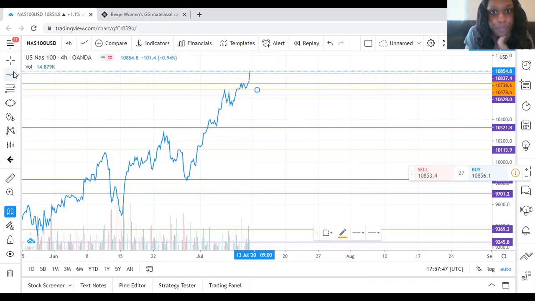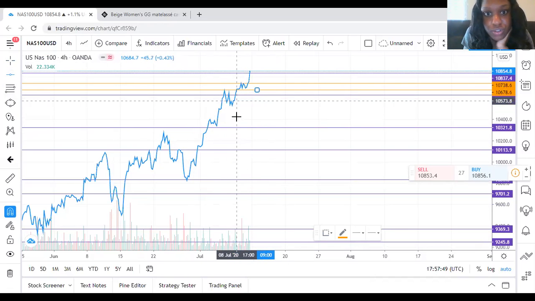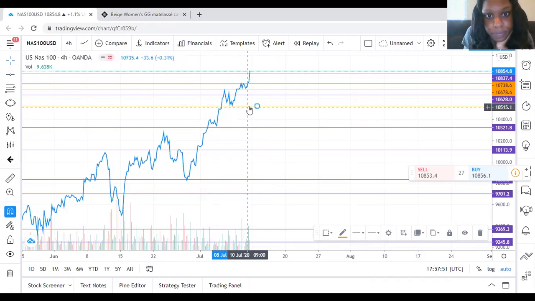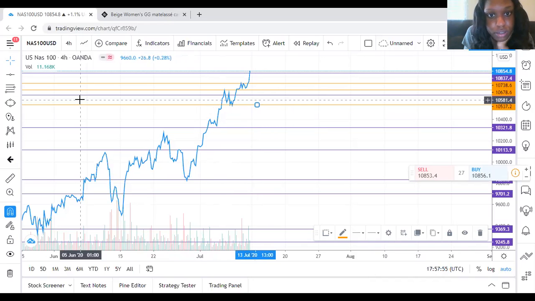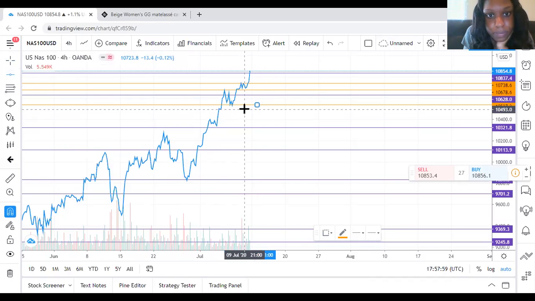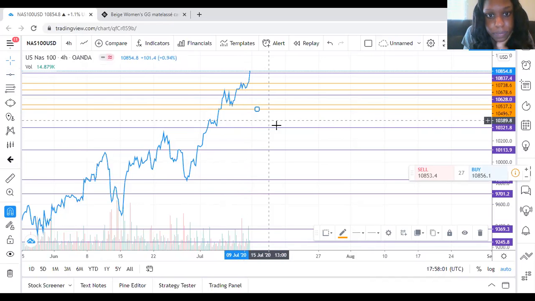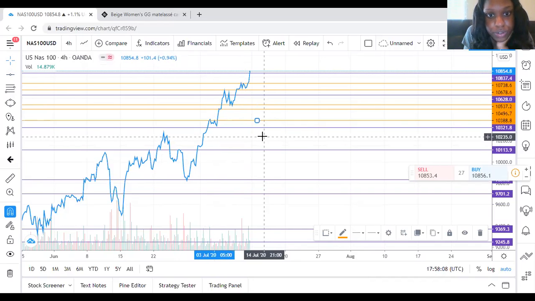So we're just going to do that. We did 2 zones right here. It's 2 to 3 per zone.